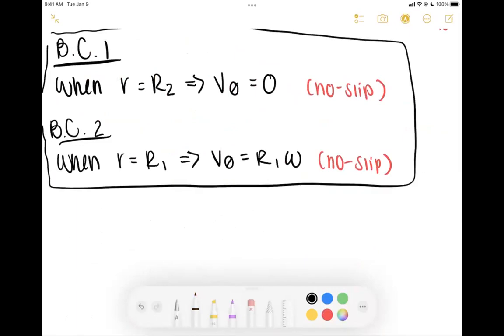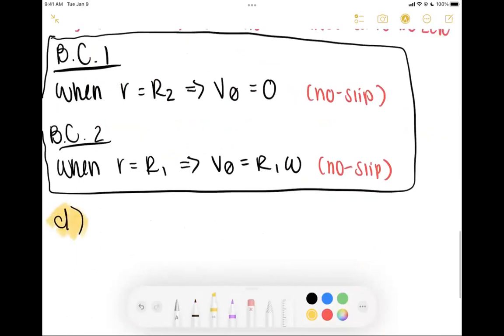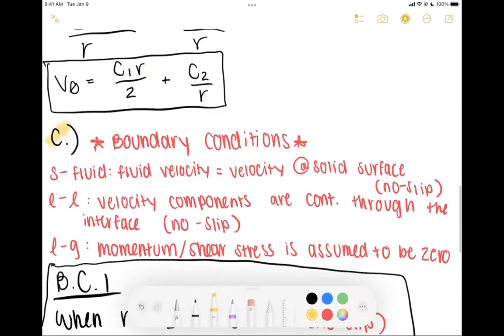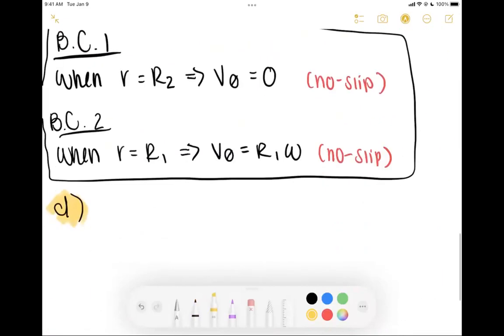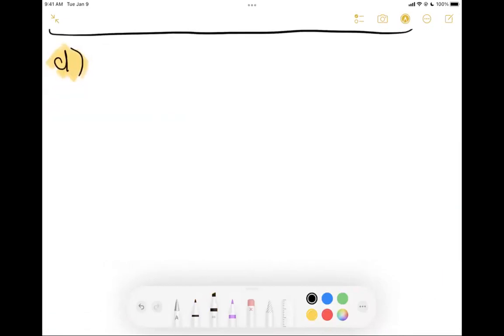Sorry, it's not perfect. All right, so then we are going to move on to part D. I'm going to highlight those really quick, so they're easy to find later. Last but not least, part D says to solve your differential equations for the lubricant velocity profile.